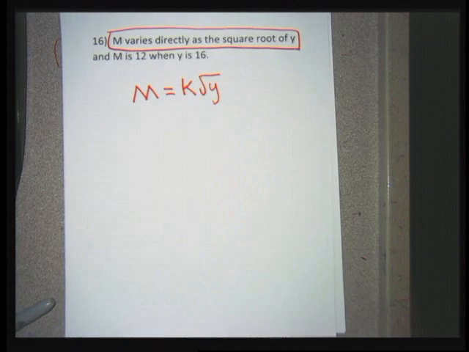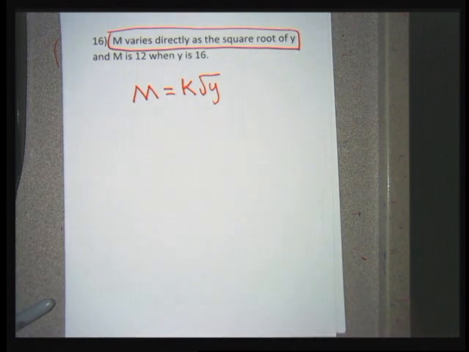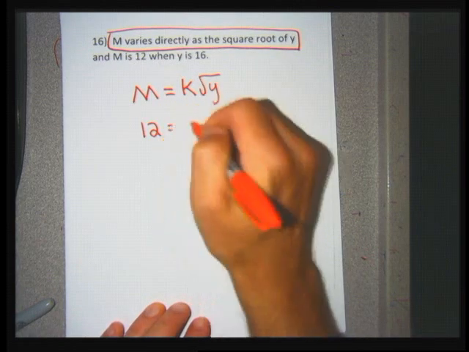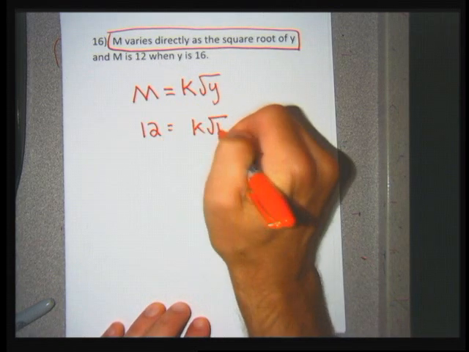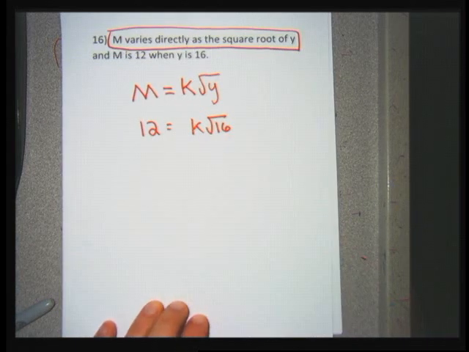So the first part of this statement can be changed to M equals K times the square root of y. Now I'm going to plug in 12 for M and 16 for y. I can do the square root of 16 in my head, that's 4.